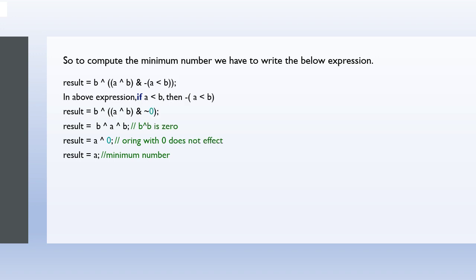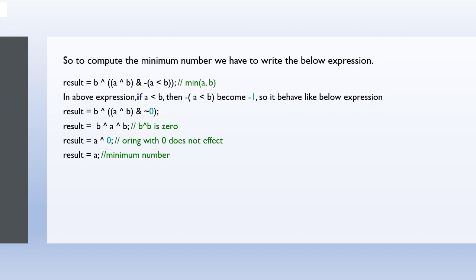In the above expression, if a is less than b, then the complement of a less than b becomes -1. So it behaves like the expression: result is equal to b ^ ((a ^ b) & -1), right?